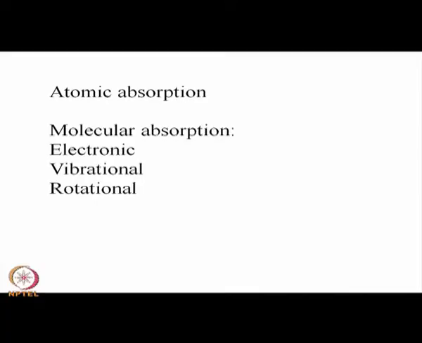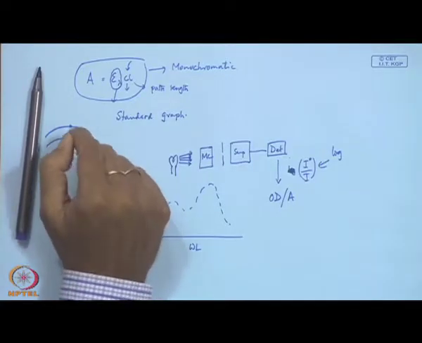Depending on the frequency that you are providing, and also on the availability of the stationary states, molecules will absorb energy and correspondingly the absorption spectra is obtained. So, for molecular absorption these three motions are important, and for atomic absorption, electronic transitions between the various atomic levels are involved.